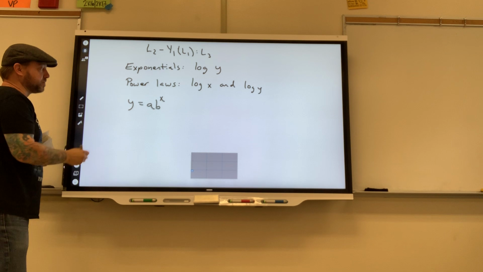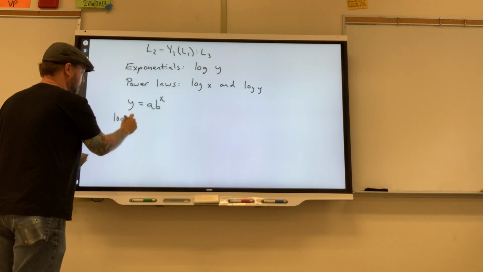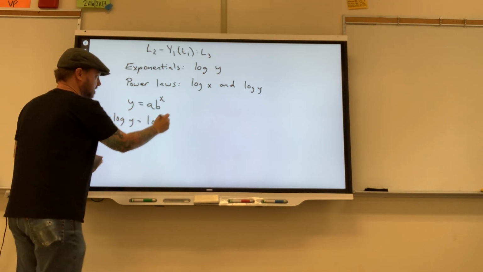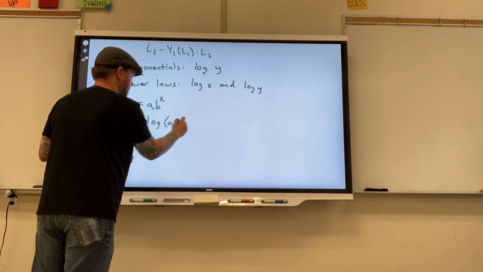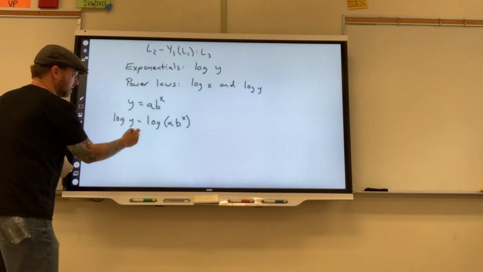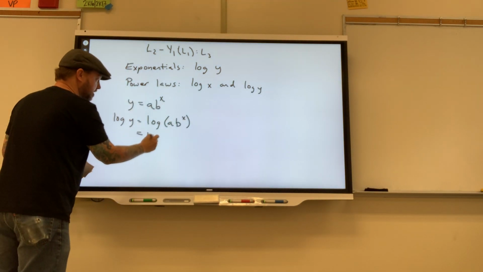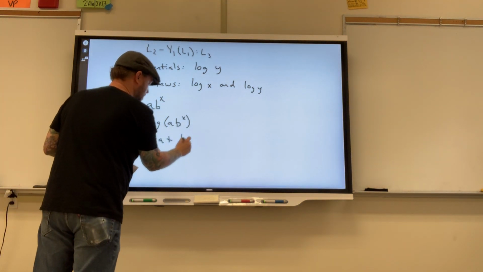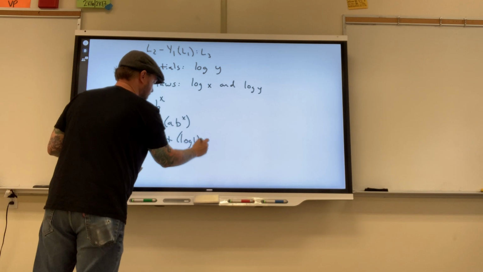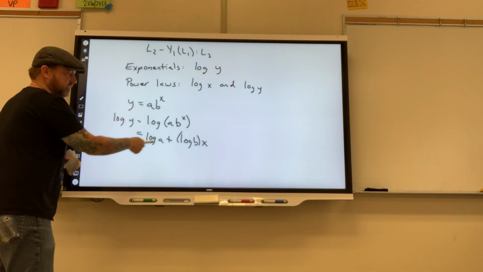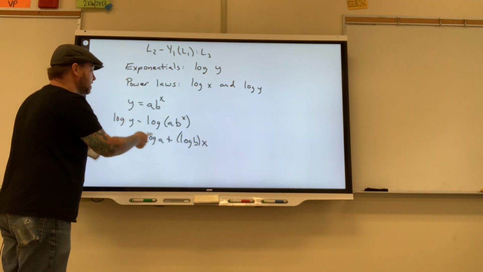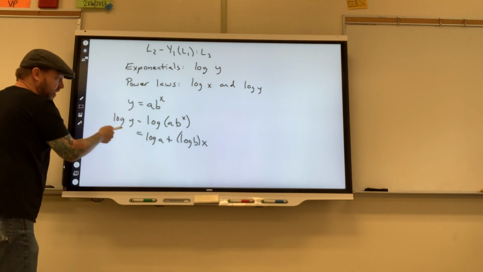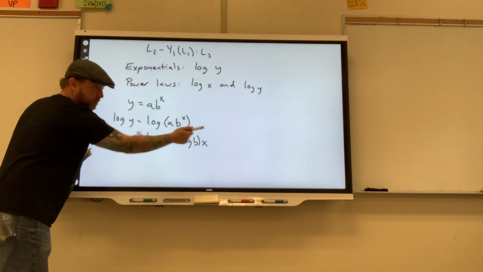If it's an exponential, so that's log of y equals log a plus log b times x. Log of a is a constant, log of b is a constant, so we've just got the log of the y values equals a plus bx.